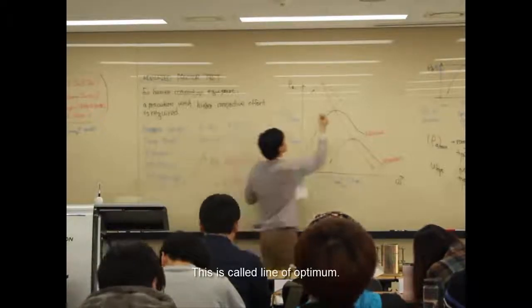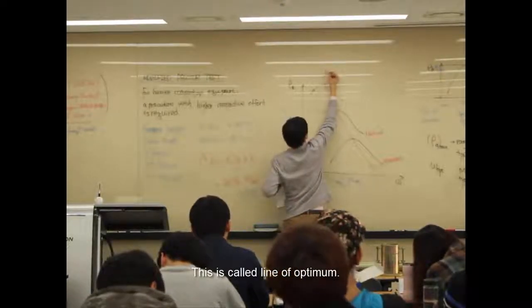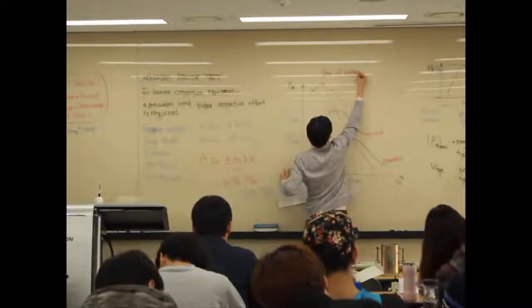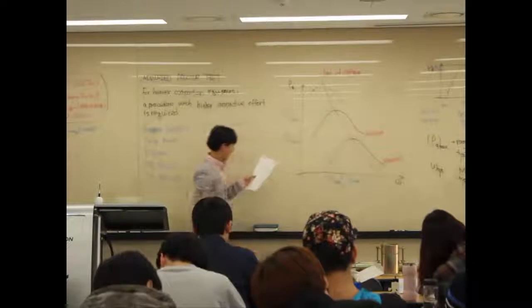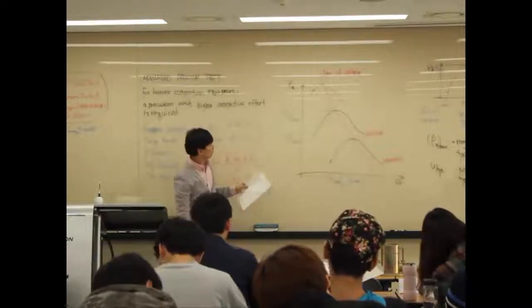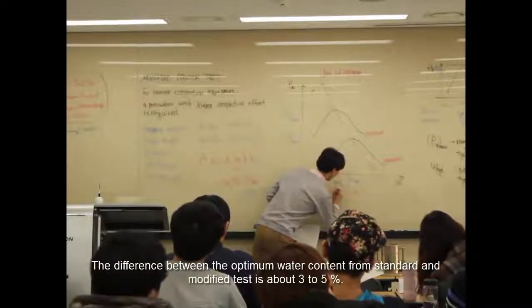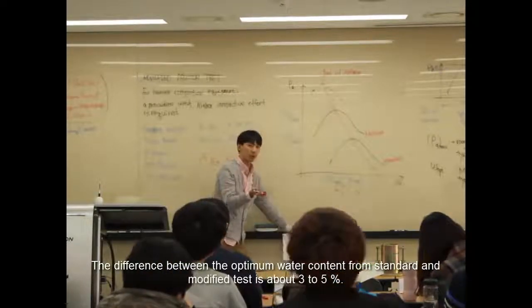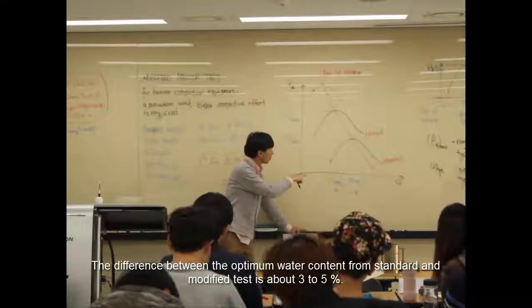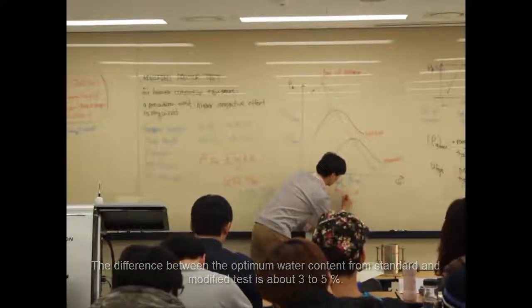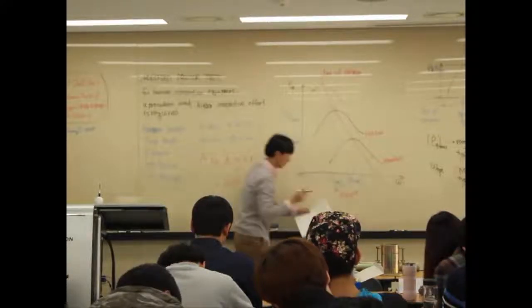And this is called the line of optimum. The difference between the optimum water content from the standard and the modified test is about 3 to 5%. It's not that much, 3 to 5%.